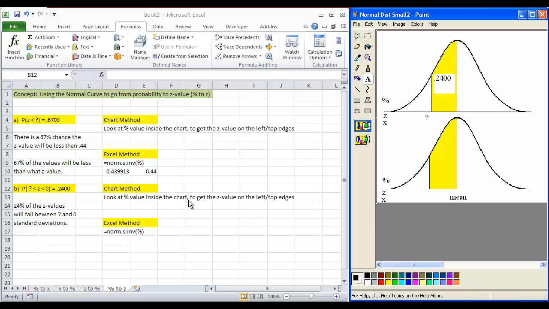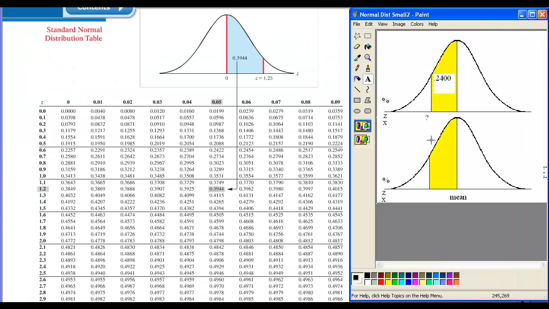How do we use that doing the chart method? So very similar to the one that we just did. We're going to pull up our chart. Because the chart does between 0 and a value, we're going to do 0.2400. That's your probability, so that's on the inside of the chart, and we want the z-score on the outside. So 0.2400 is going to fall between these two here.